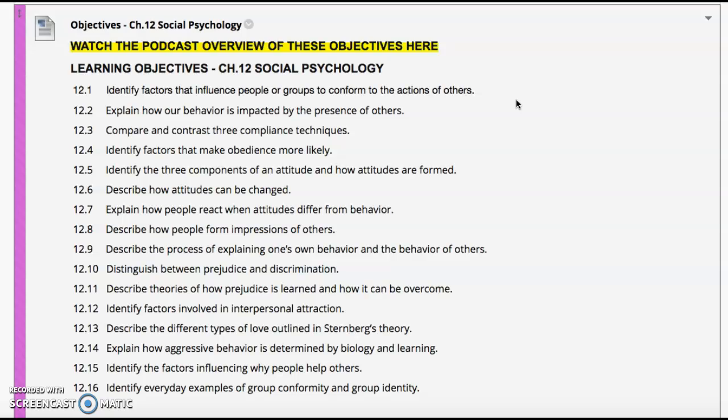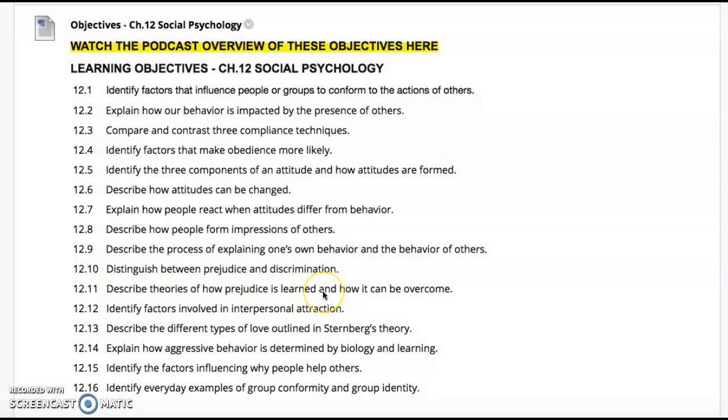We'll then move into looking at prejudice and discrimination, how it's learned, where it comes from, and even how it can be overcome. And we'll spend a good deal of time on that. I have several videos about that this week. Also, interpersonal attraction is a big area of social psychology.